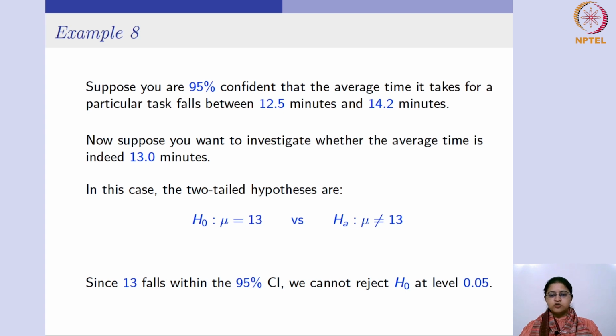It can be either less than or more than. Now since 13 falls within the 95% confidence interval from 12.5 to 14.2, the hypothesized value falls in that interval. So you cannot reject the null hypothesis, and you would say that you failed to reject the null hypothesis at level 0.05.